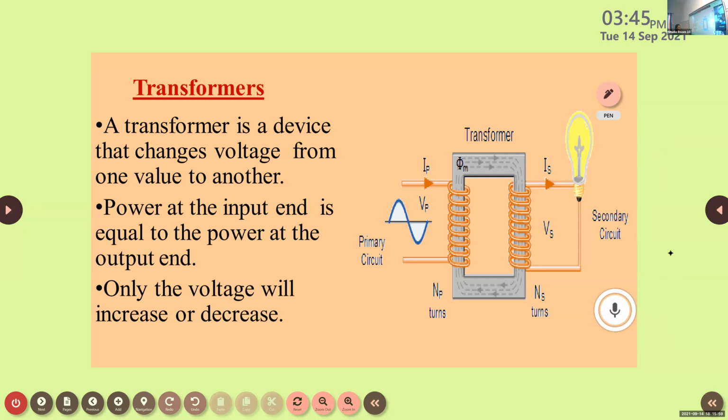So here you have the definition for transformer. A transformer is a device that is used to change the value of voltage from one value to another.